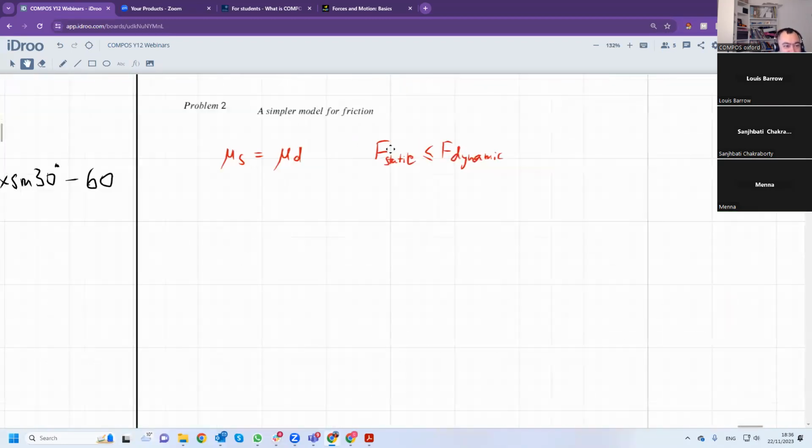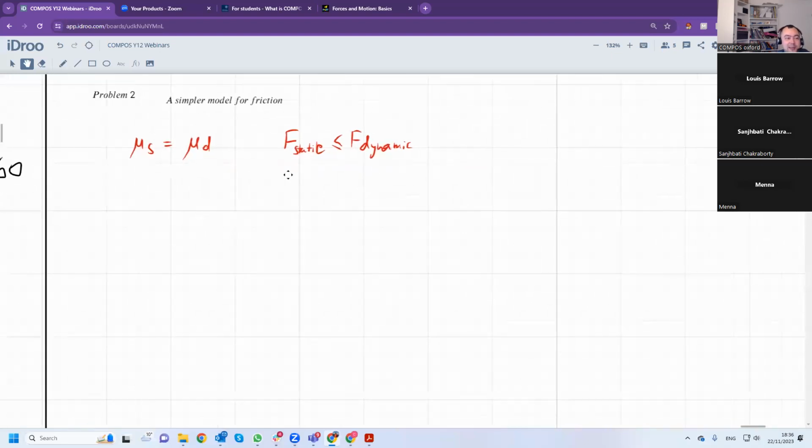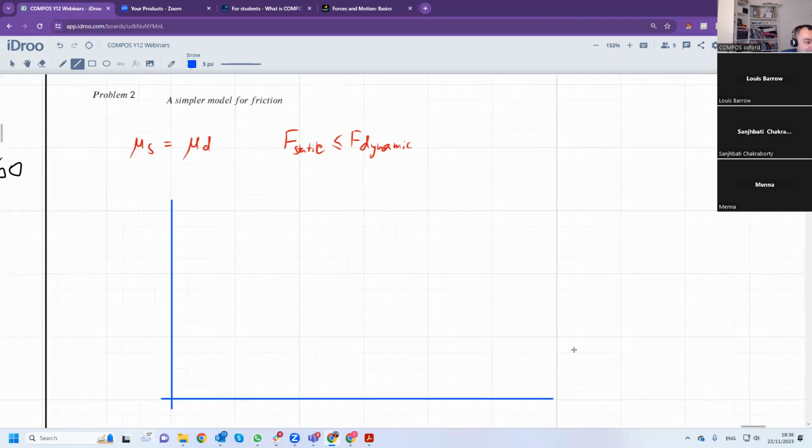Okay, so a simpler model for friction is when, and the graph becomes this. This is the force applied, and this is the force of friction.